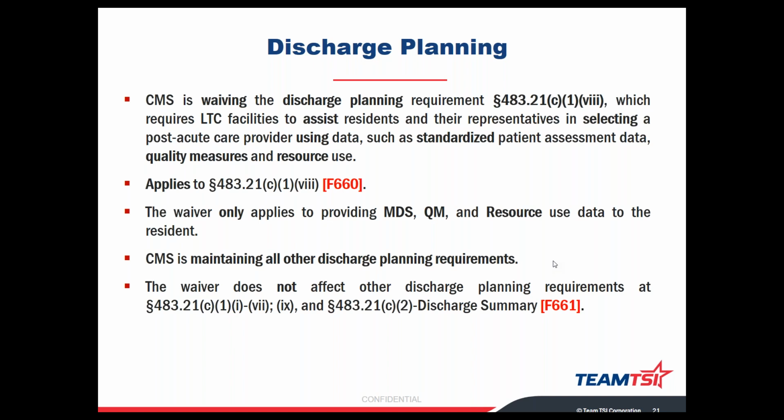For example, if they were going to another skilled nursing facility or to home care. That's the part that has been waived. So what they're trying to do is waive the requirement to take the time to research that data to provide to the family. But all of the other requirements for discharge planning still remain and will be looked at.